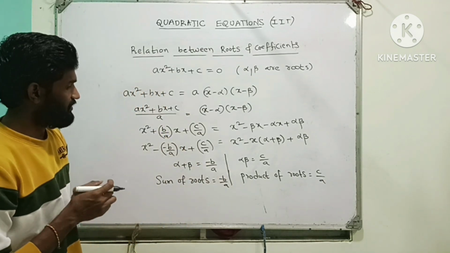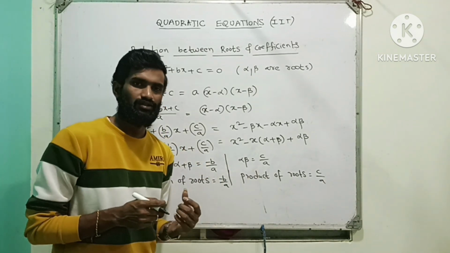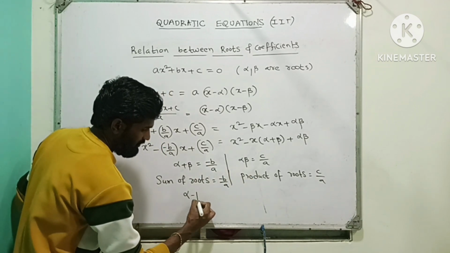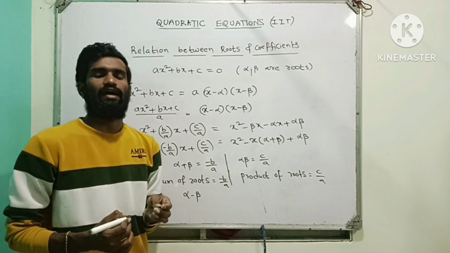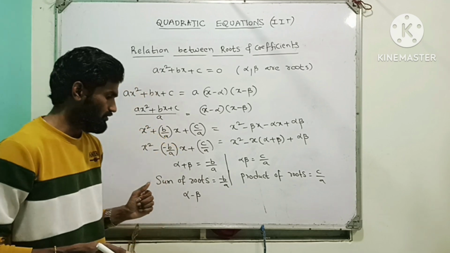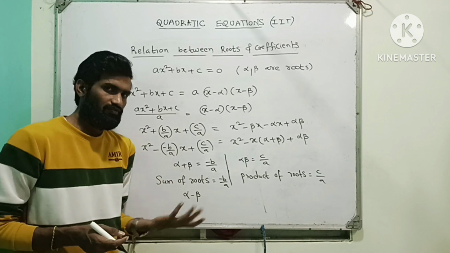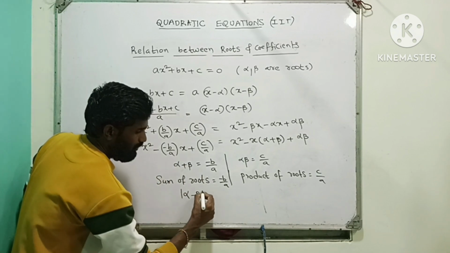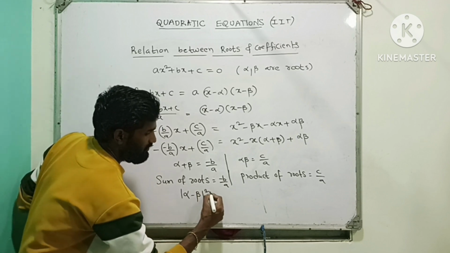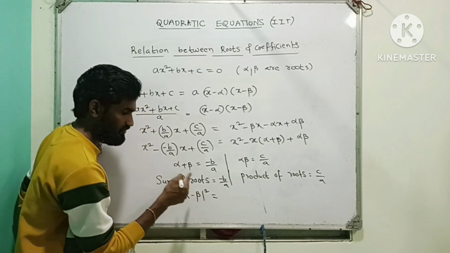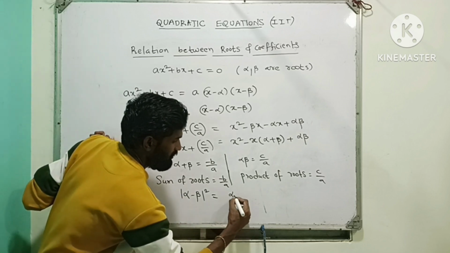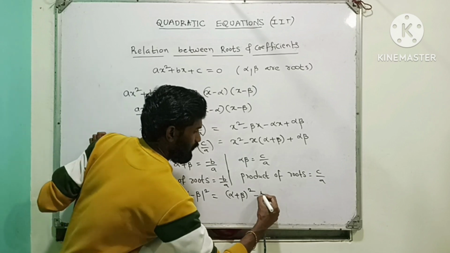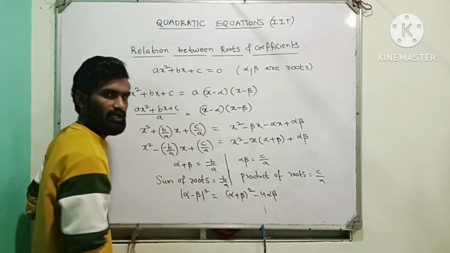Now here we have alpha plus beta and alpha into beta. From these two we can easily find alpha minus beta, the difference between two roots. But here we have to consider the absolute value only, because we don't know whether alpha is greater or beta is greater. So that's why we consider mod alpha minus beta whole square. What is the formula for alpha minus beta whole square? Which is alpha plus beta whole square minus 4 alpha beta.